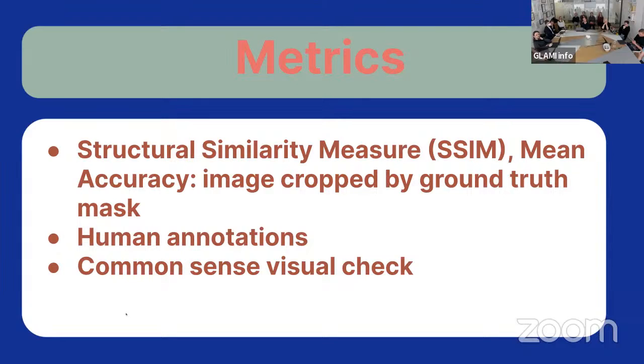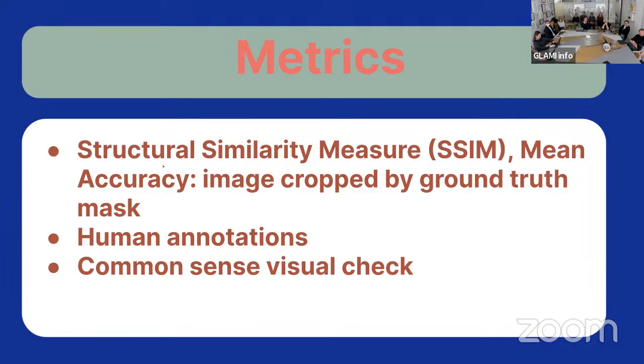Yeah, and how to measure it? One of the most common metrics in segmentation is mean accuracy. We looked into some other metrics, and we arrived at a structural similarity measure, which we thought covers the problem better. This is a mathematically created measure, and it should cover the structure of the data better than just comparing pixels.